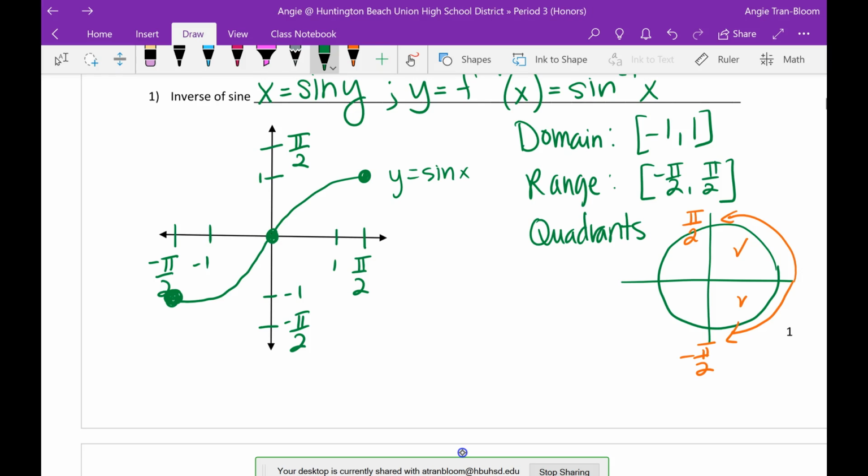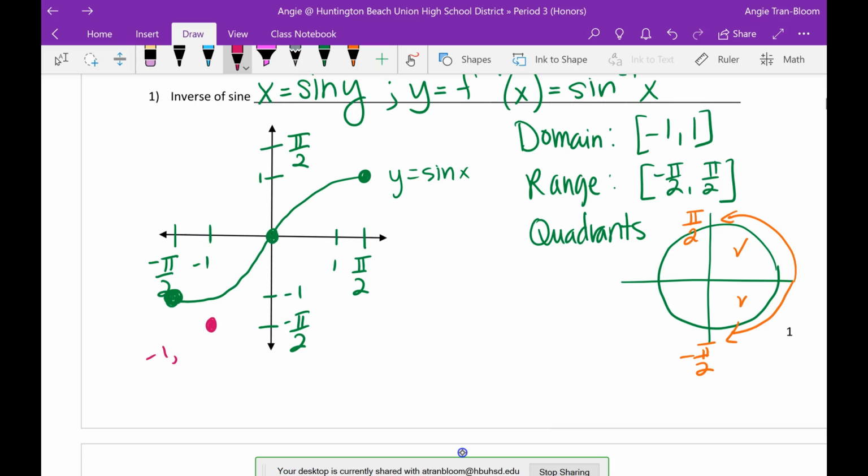What points are we using for the inverse? Okay, what's my first point? Give me the first point. Negative 1, negative pi over 2. I'm going to use a different color. Negative 1, negative pi over 2. Beautiful.